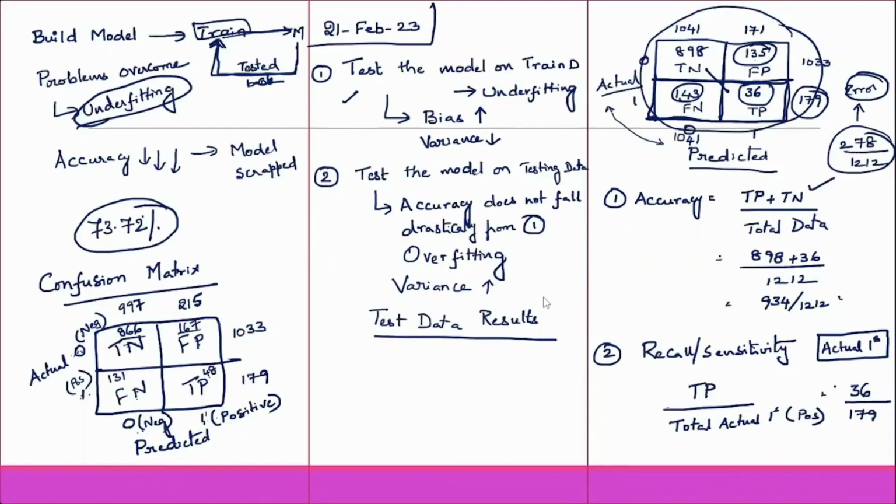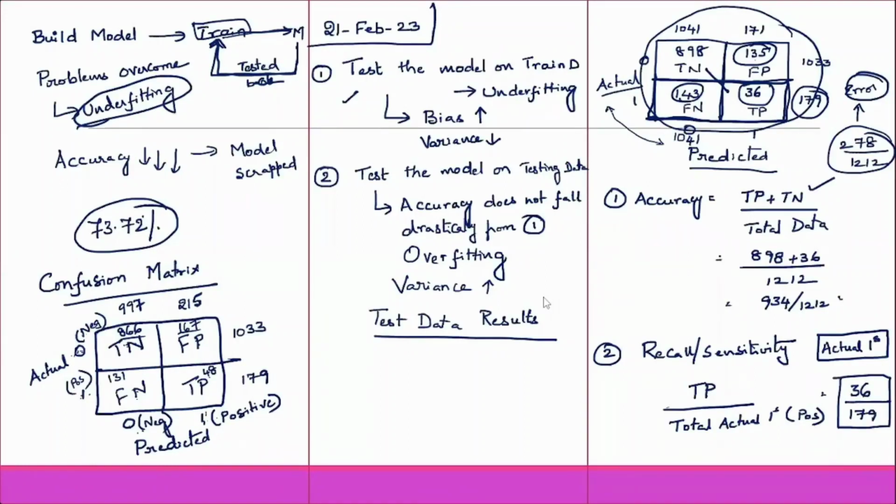So it is as good as saying, looking at people who have defaulted, how many of those people have been identified correctly by my model?